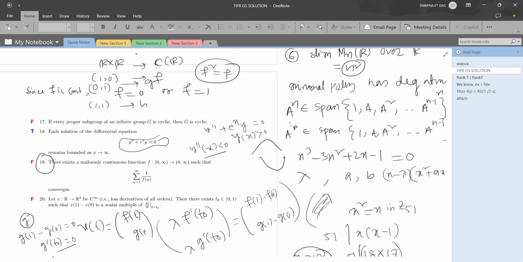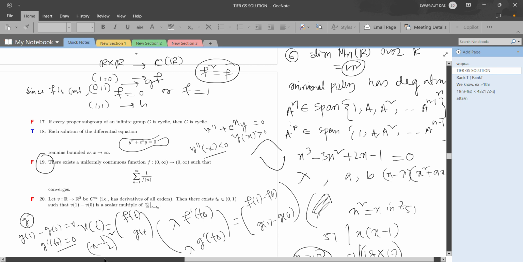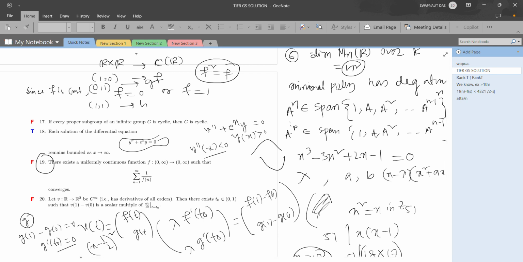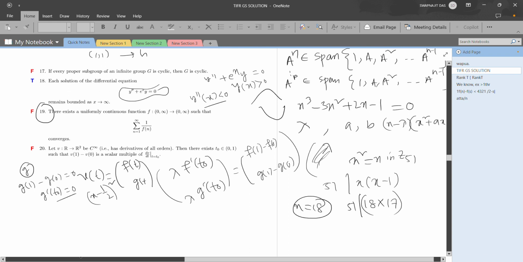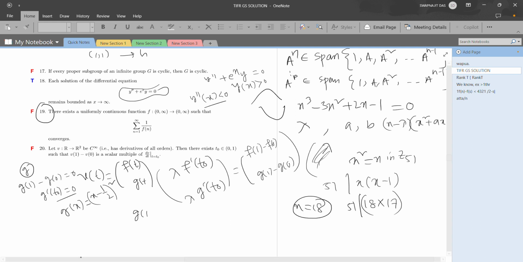Easily, I can take a function symmetric with respect to half, say g(x) equals (x minus half) squared.